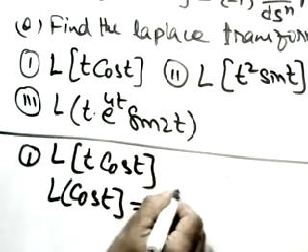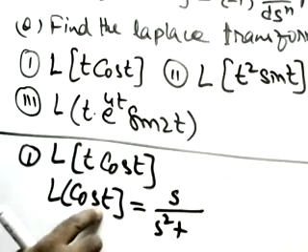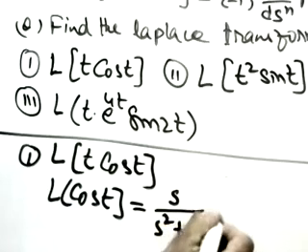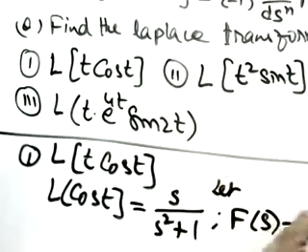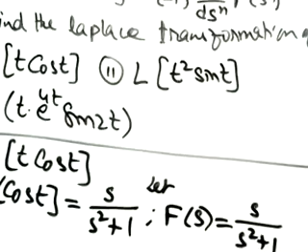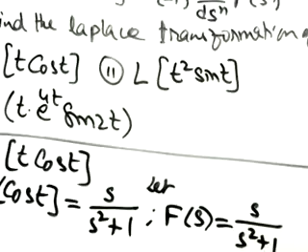Laplace of cos at is s by s square plus a square. A is 1 here, so 1 square will be 1. Suppose this is capital F of s equals s by s square plus 1.